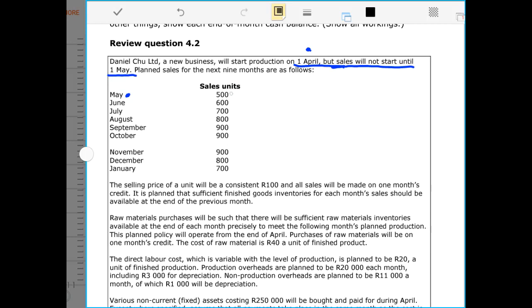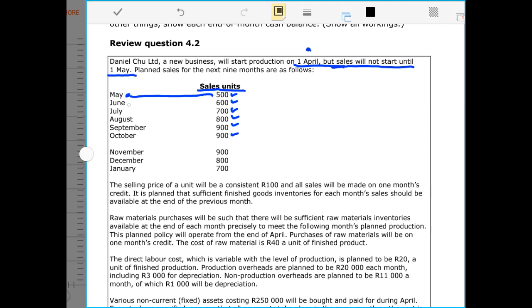And the sales that we see here were produced in the previous month. The sales that you see in the month of May, which is the sales of 500, these sales units are the units that were produced in the month of April.